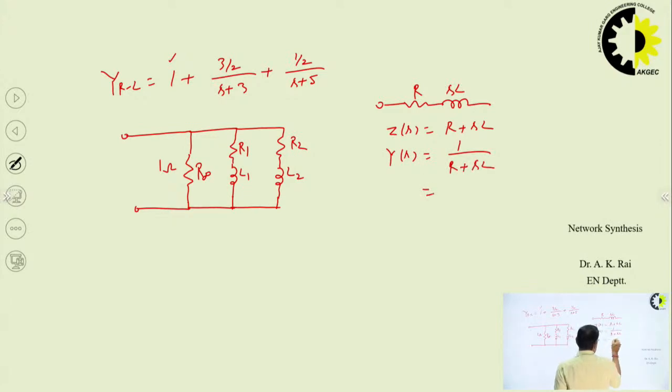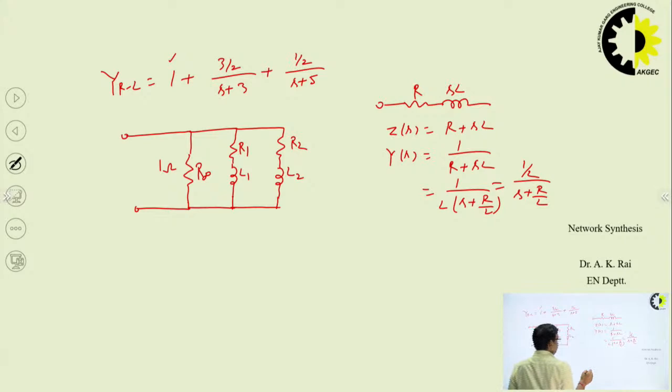So take the common, 1 by L over (s plus R by L).